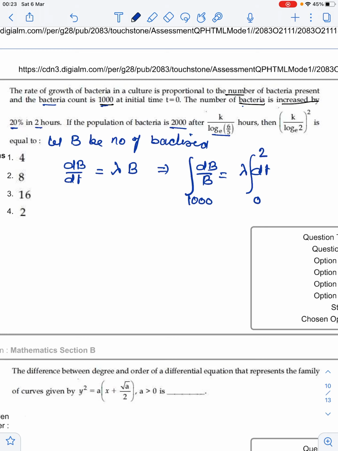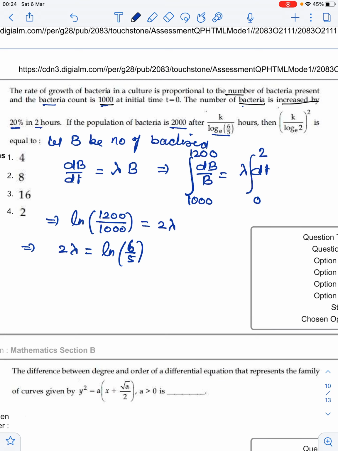So in 2 hours it increased by 20%, so obviously it increased to 1200. So from here we get the relation ln B, at 1200 divided by 1000, is equal to 2 lambda. So in simplified form, 2 lambda is equal to ln of 6 by 5, equation number 1.